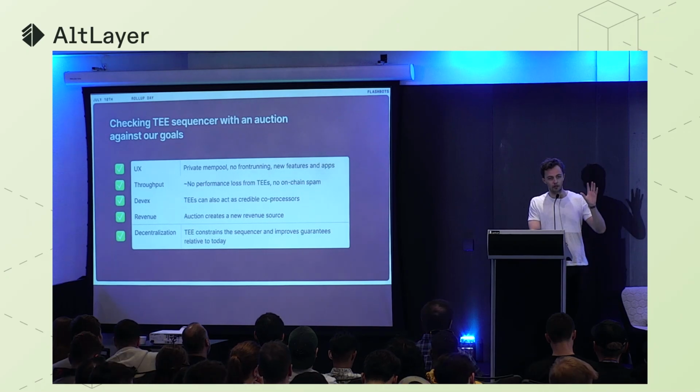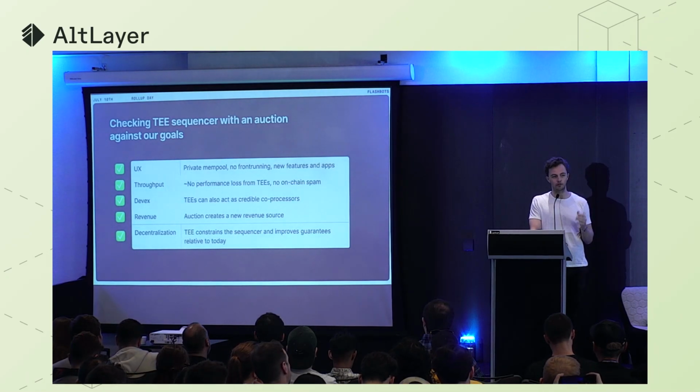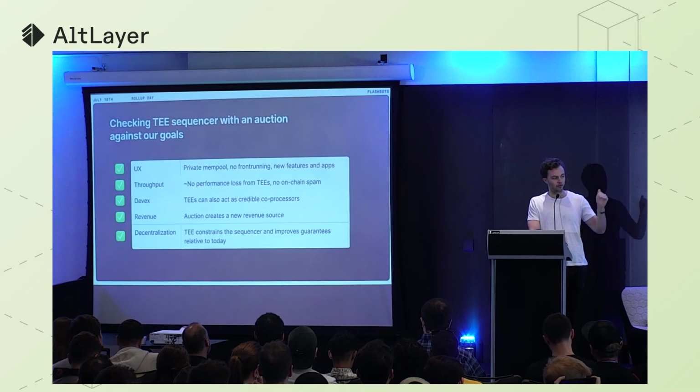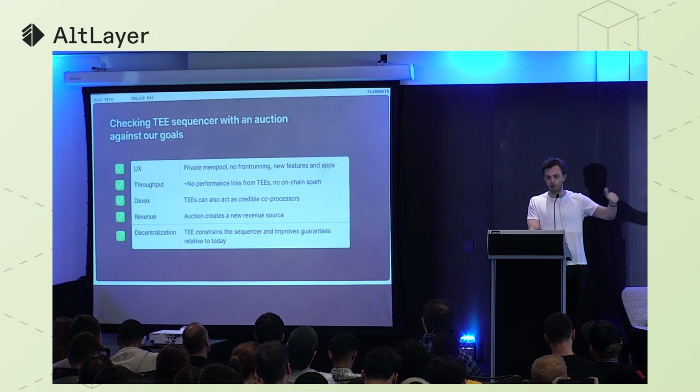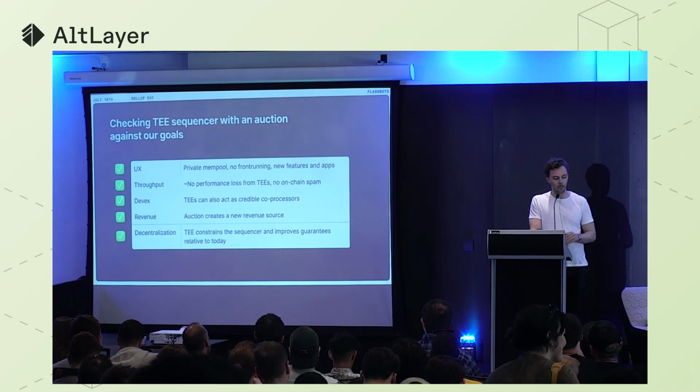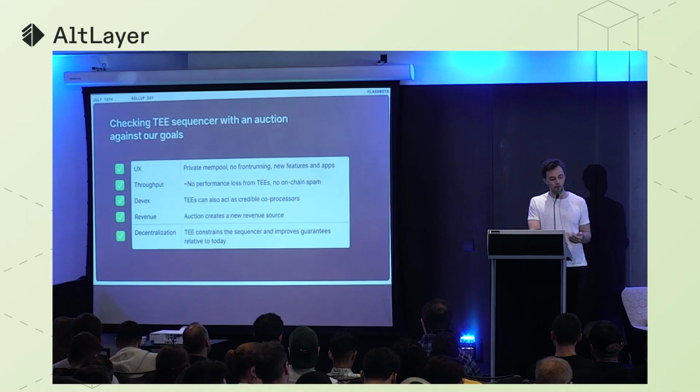And we can check what these prescriptions are against our goals from the beginning, and so putting your sequencer with an auction in a TEE against our 5 goals makes a lot of sense. So the UX: you have a private mempool, you don't get front-running, you get a bunch of interesting new features like new transaction types, new apps. You have no performance loss. It may actually make your chain even more performant because you no longer have this on-chain spam.